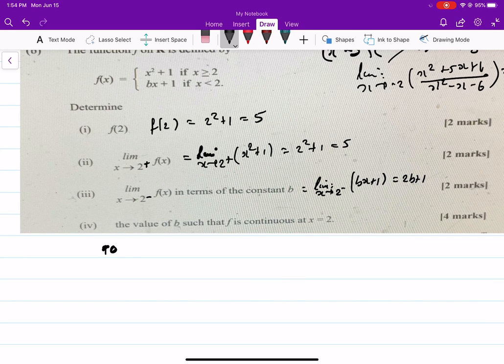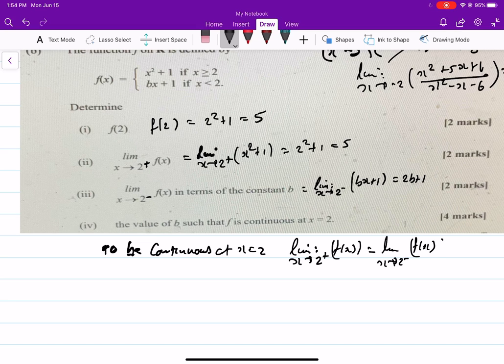So to be continuous at x equal to 2, the limit as x approaches 2 plus of f of x must be equal to the limit as x approaches 2 minus of f of x. As you're approaching 2 plus, the value is 5. As you're approaching 2 minus, the value is 2b plus 1. What does that make b? Throw the 1 over, divide by 2, b equals 2.